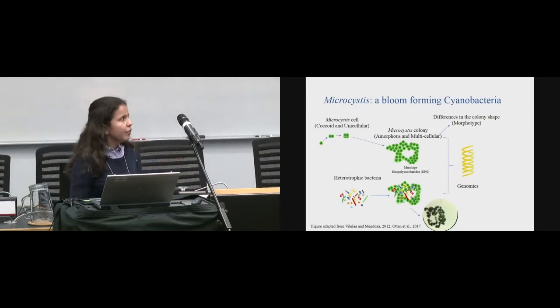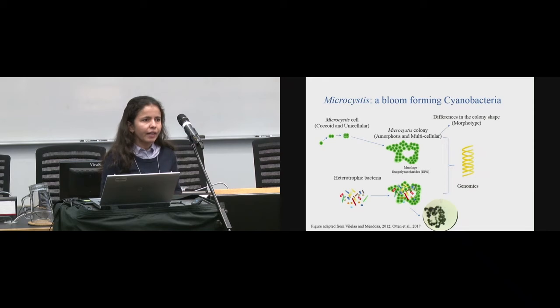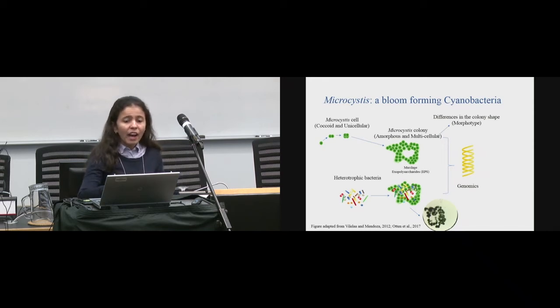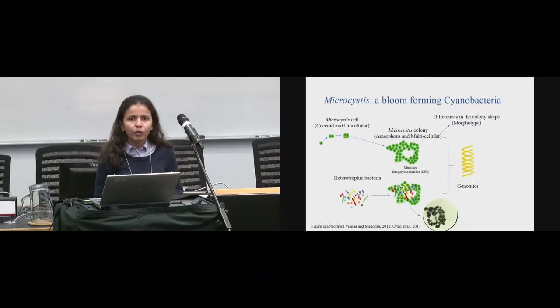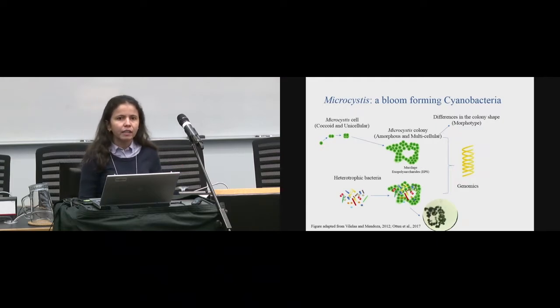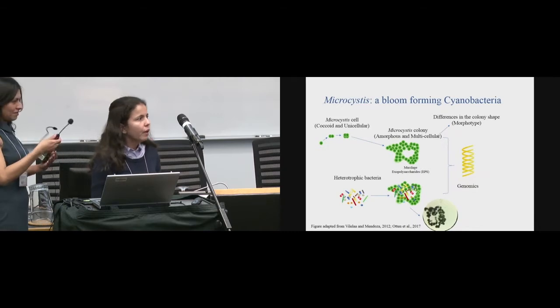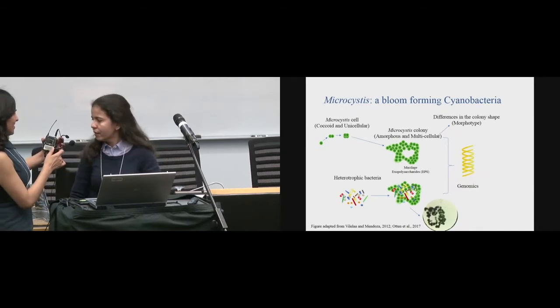During cell division, they have the tendency to make aggregates, forming colonies. These colonies are covered by exopolysaccharides or mucilage. Based on the cell size, the kind of mucilage and the morphology of the colonies, we can classify Microcystis in different morphotypes or morphospecies.